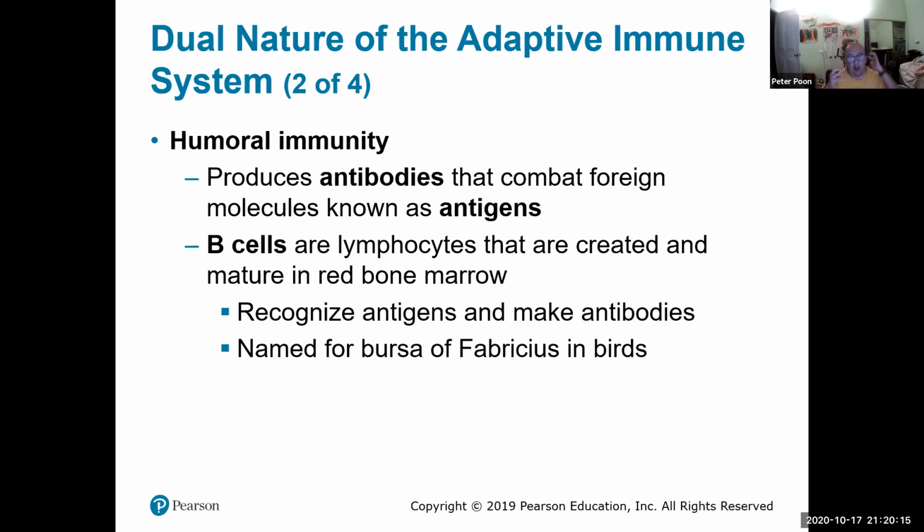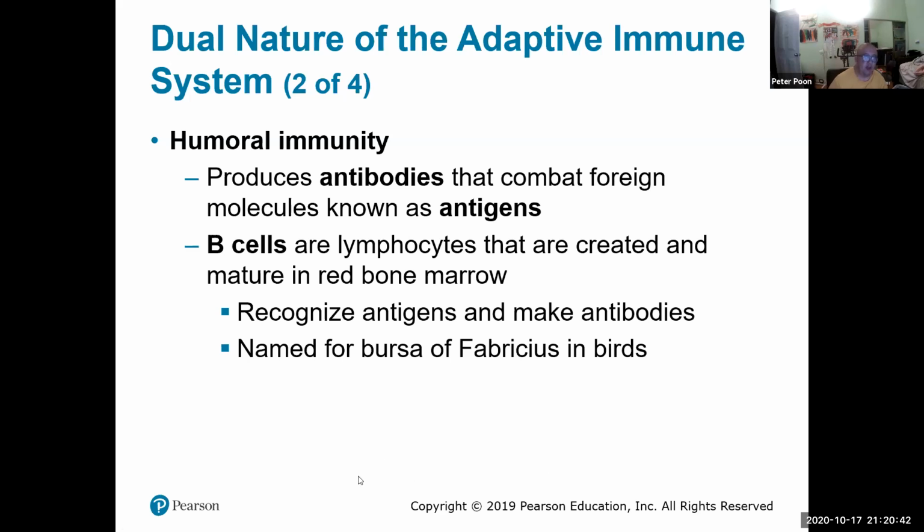Antigen isn't necessarily bad. Antigen is anything that generates an antibody. So antigen is antibody generating. B cells are lymphocytes that are created and mature in the bone marrow. They recognize specific antigens and they make antibodies to those antigens.